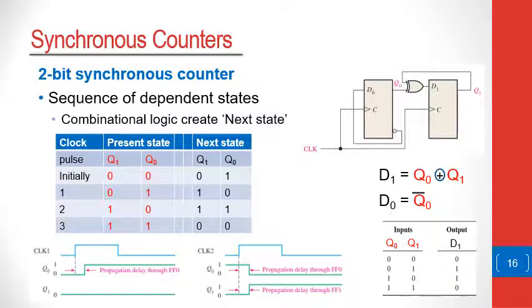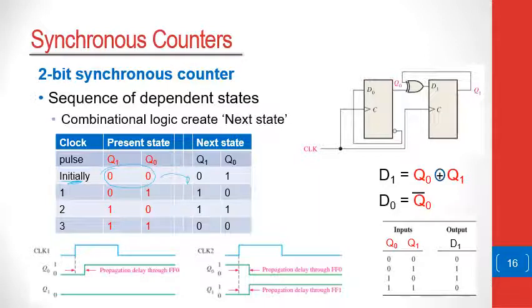So we can analyze the behavior of a synchronous counter in this instance. Say, for example, initially we were at 0, 0. The next state will have to be 0, 1.